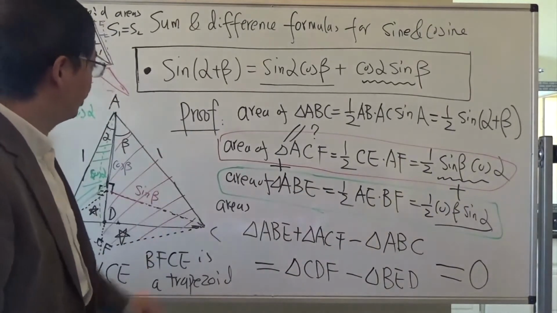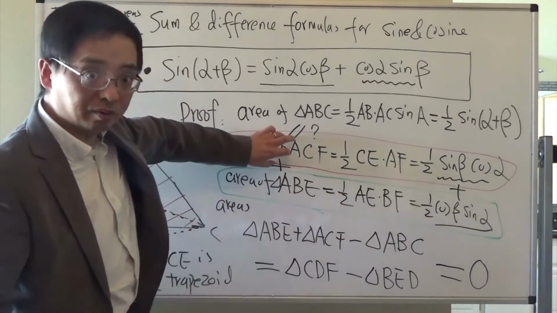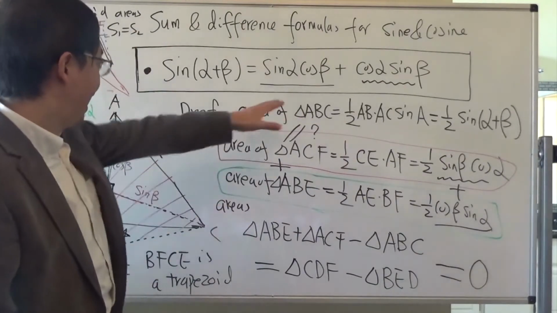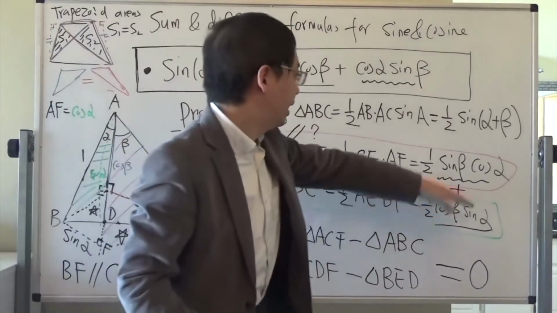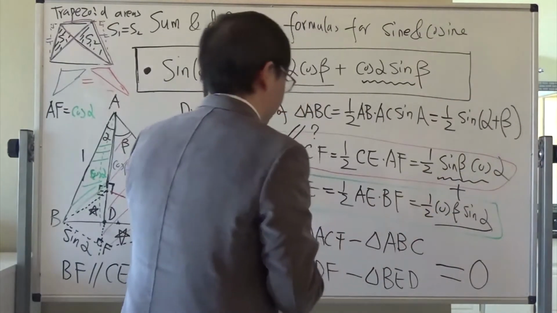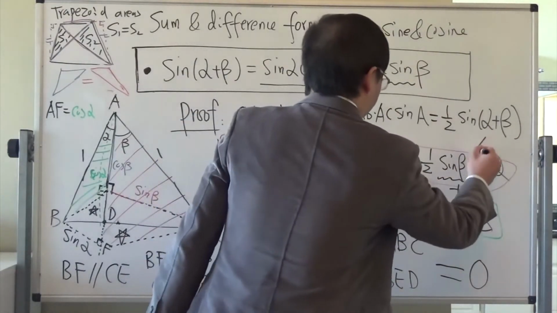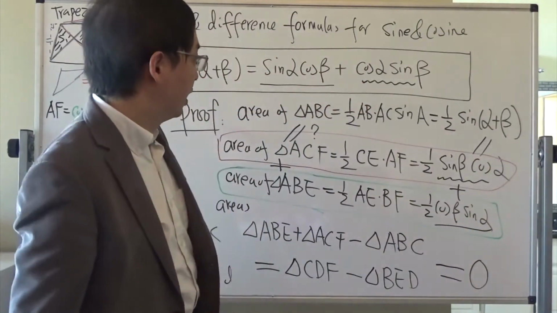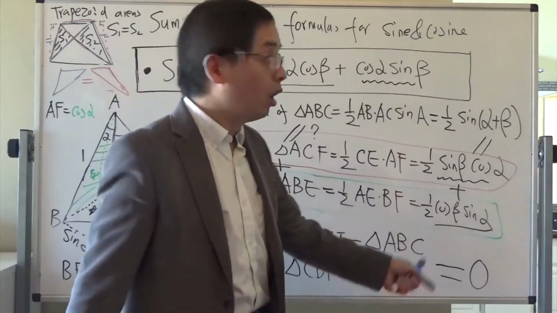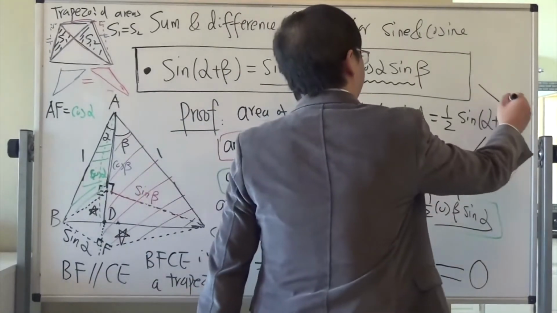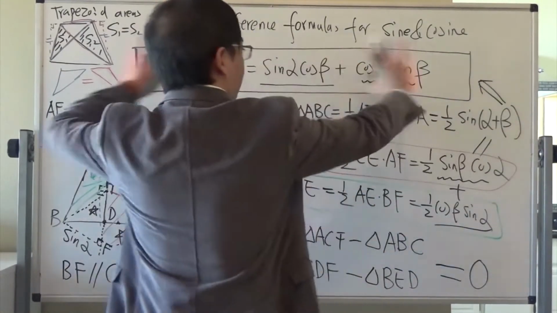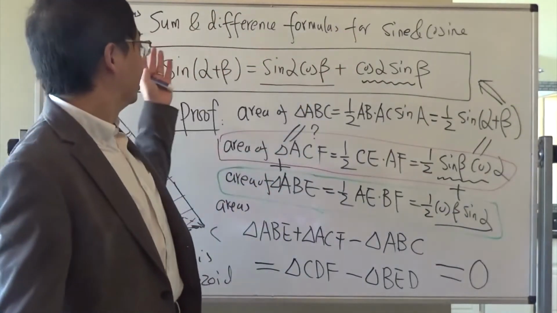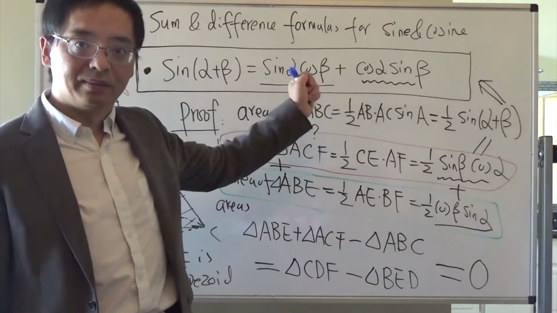This proves the area of this plus the area of that equals the total area of triangle ABC, and these two together equal sine alpha plus beta. We can cancel 1/2 on both sides, and it leads to what we want to prove. So this proves the sum formula for the sine.